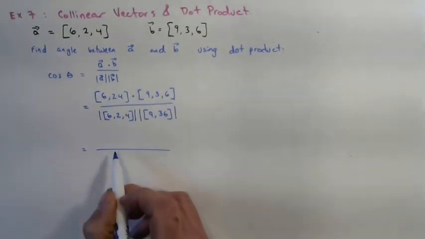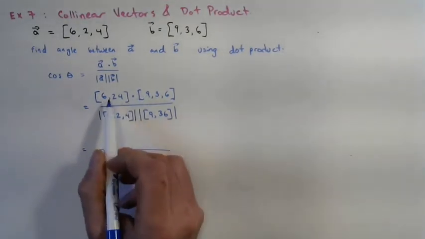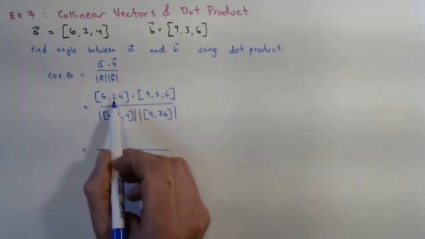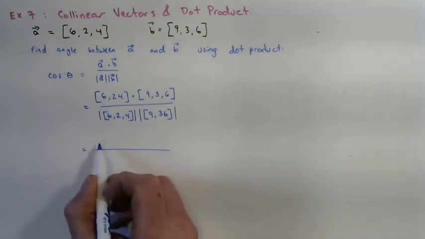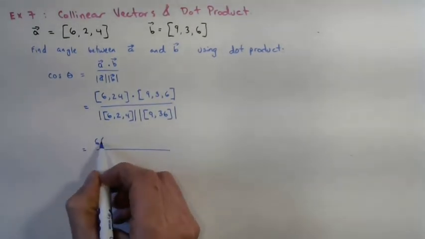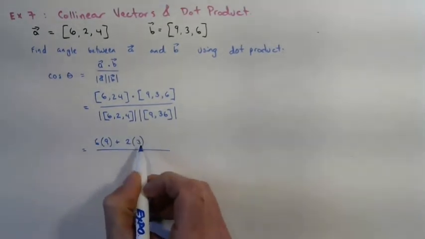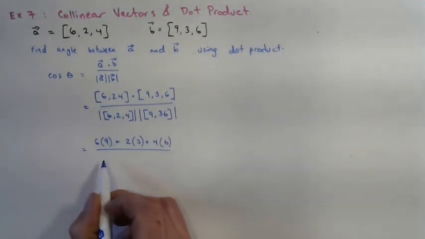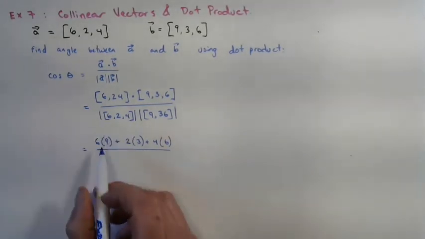From here we are calculating the dot product. So dot product is x1 x2 plus y1 y2 plus z1 z2. So 6 times 9 plus 2 times 3 plus 4 times 6. And in the denominator, we have the magnitudes.